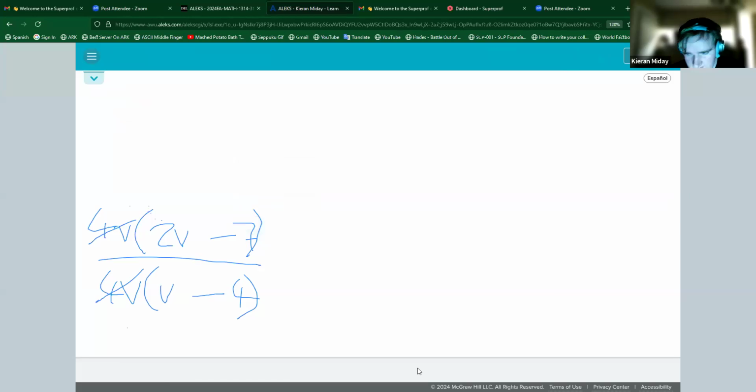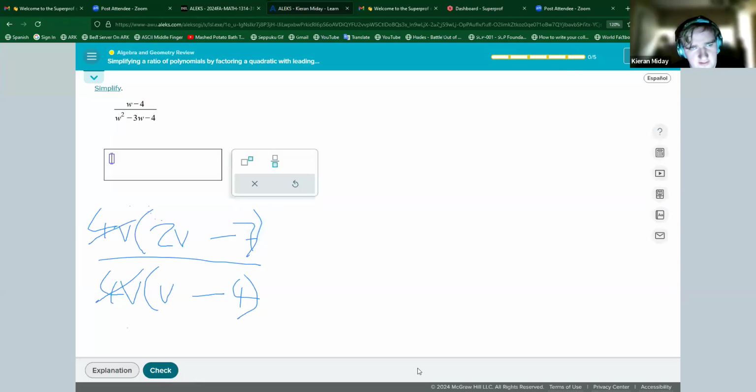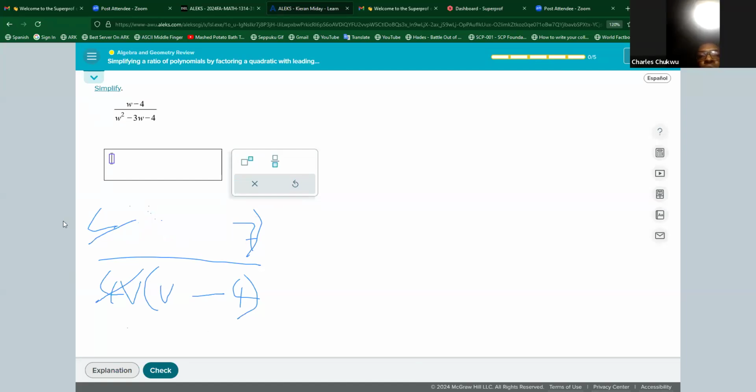Last one. Simplifying a ratio of, oh, jeez. Okay, here we go. Did you skip the example part for this one?